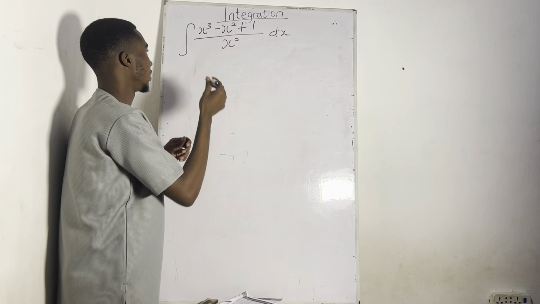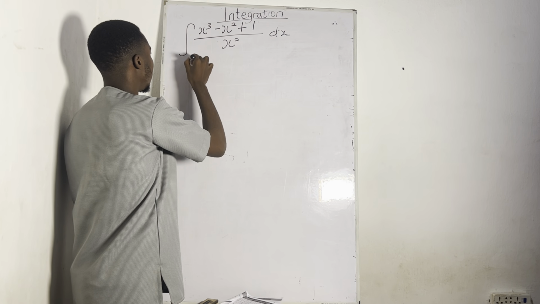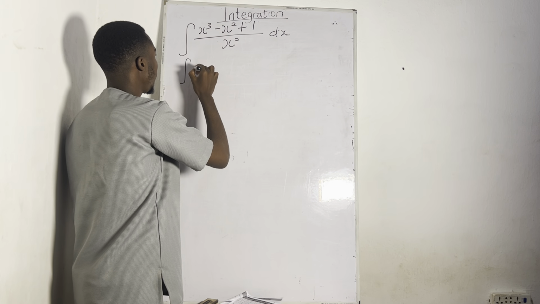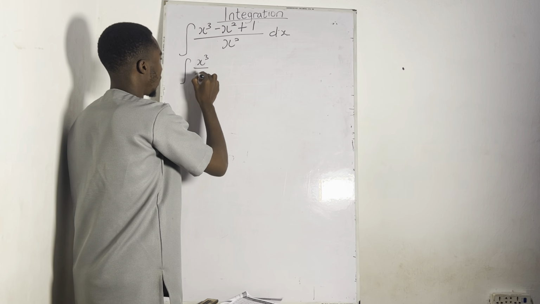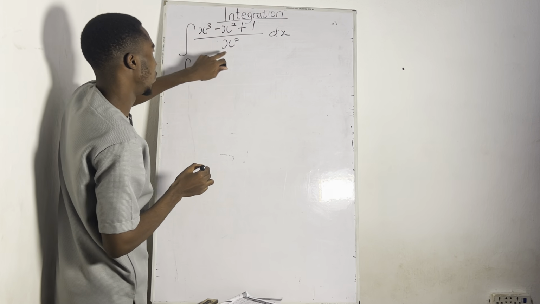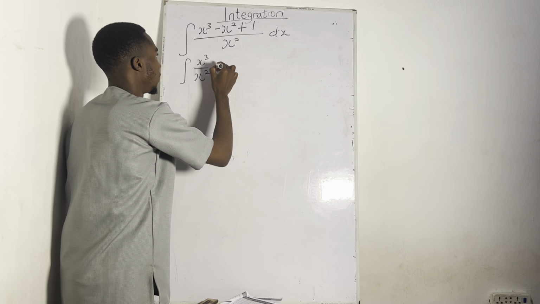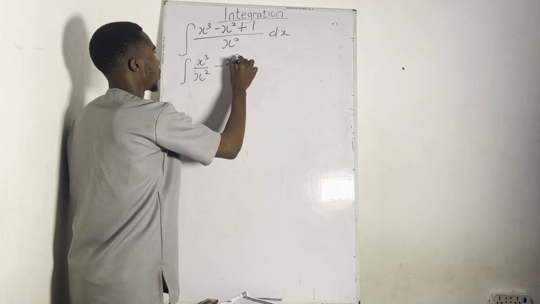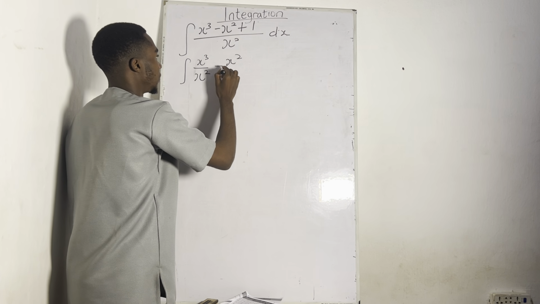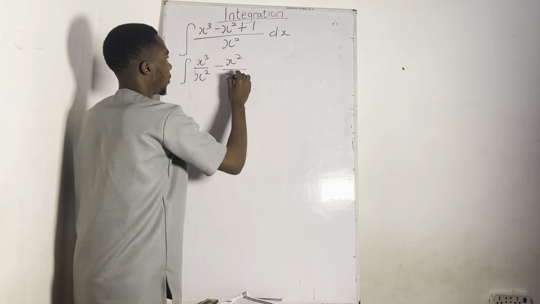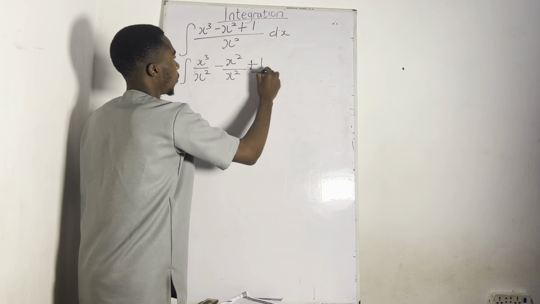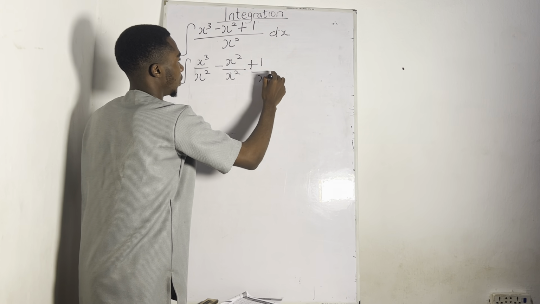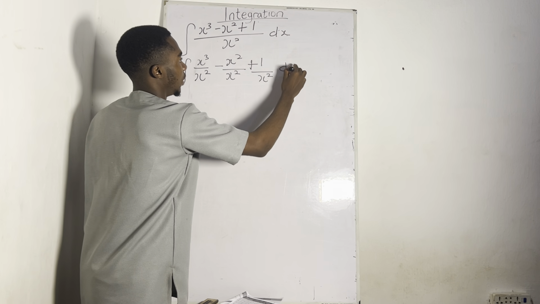Having that in mind, this thing is the same as the integral of x cubed over x squared, then minus x squared over our original x squared, which is the denominator, then our plus 1 over x squared, and you have dx.